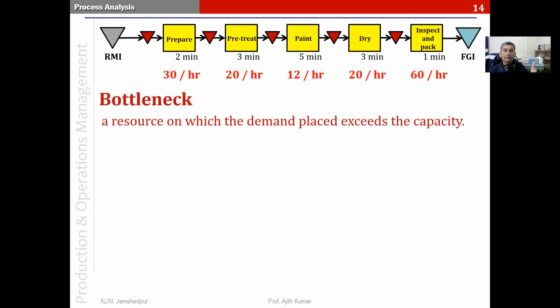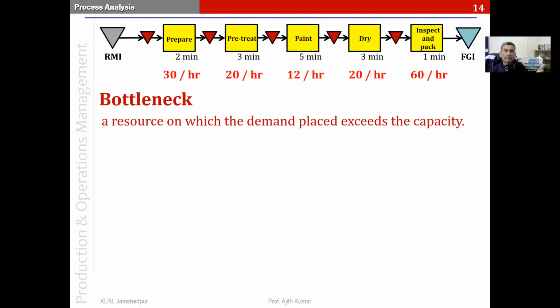Now, related to capacity is the concept of bottleneck. The bottleneck concept is extremely important in operations management. Formally, bottleneck is defined as a resource on which the demand placed exceeds the capacity. So please note that bottleneck refers to a resource. The resource could be a machine, it could be a human being, it could be a mindset.